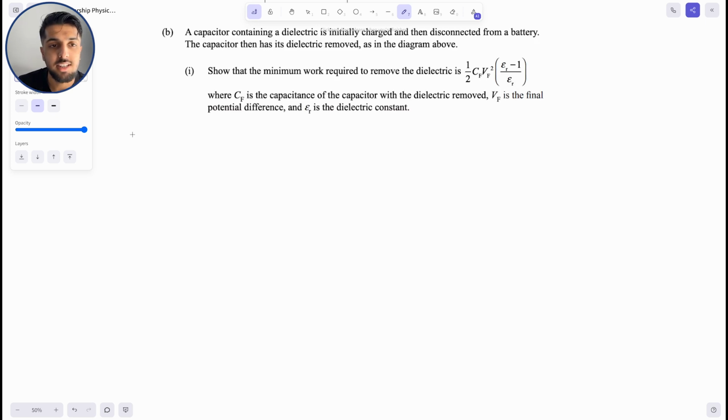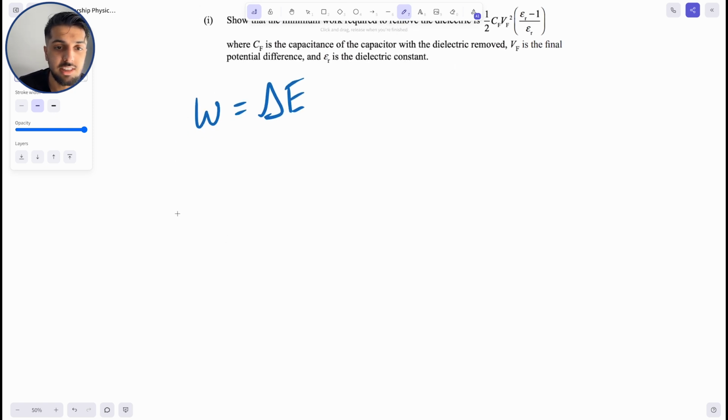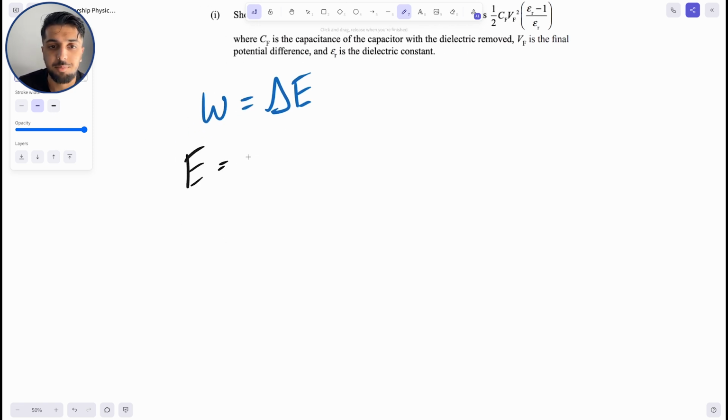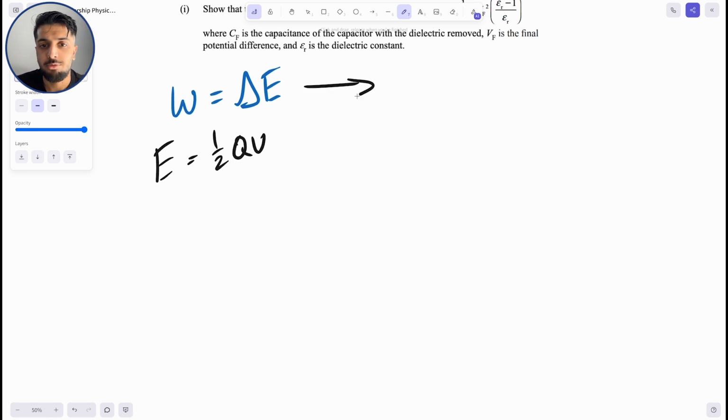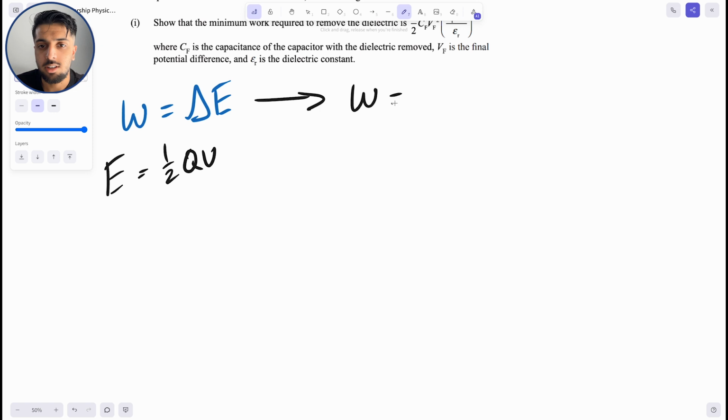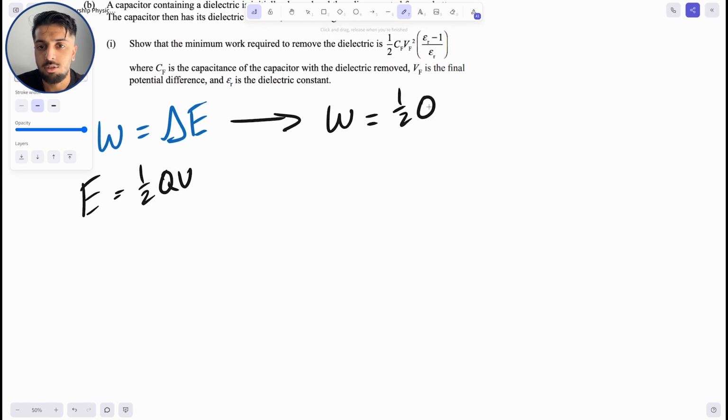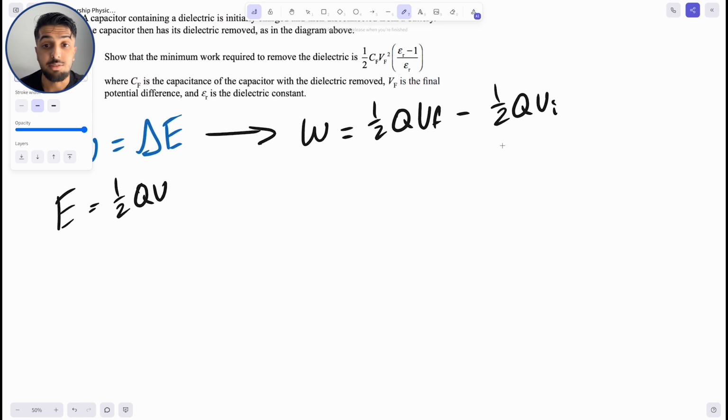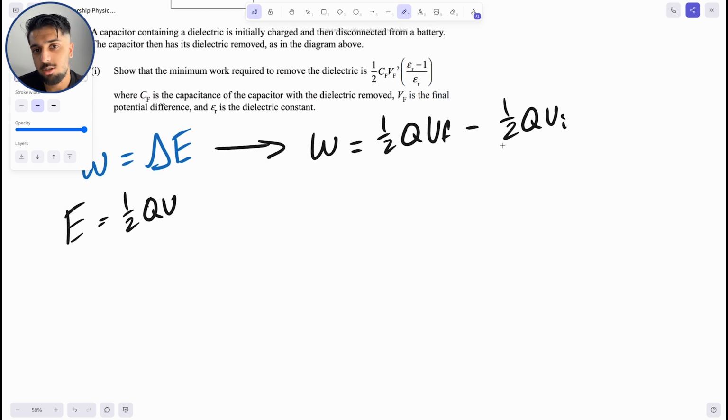Okay, so by definition, our work is equal to the change in energy. Our energy in this scenario is half QV. So our work is equal to half QVF minus half QVI. The reason our charge is not labeled is because our charge does not change during this process.